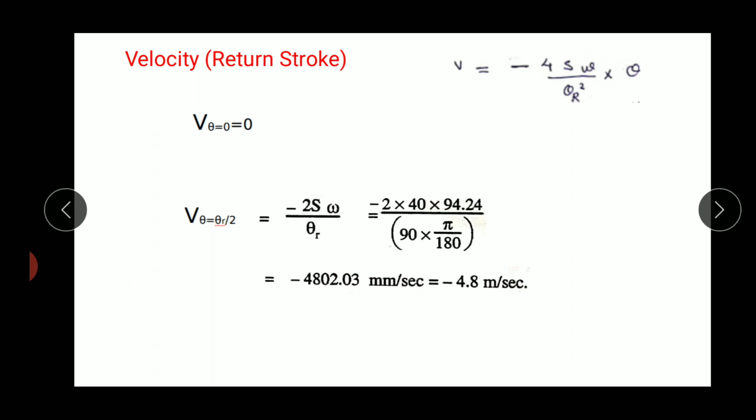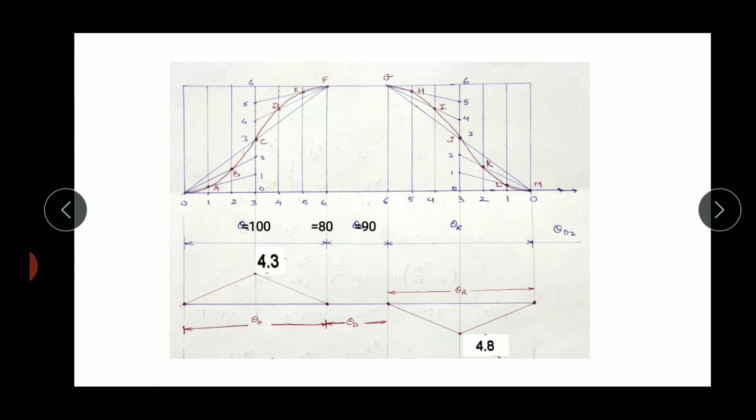Again, velocity at the end of the return stroke must be 0, as we saw earlier during outstroke. So let's plot it. As we know how to plot the velocity diagram for a follower moving with uniform acceleration and retardation motion.